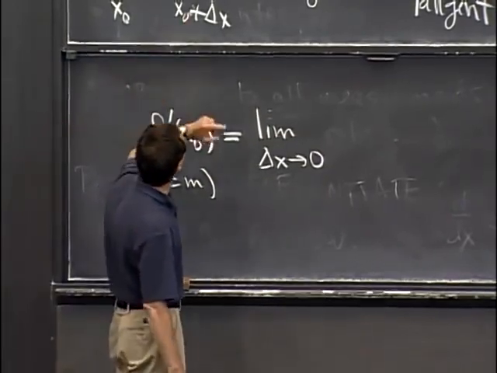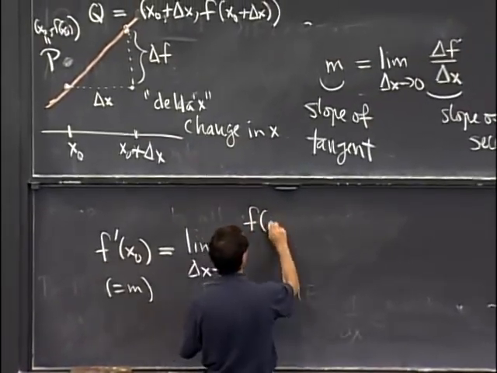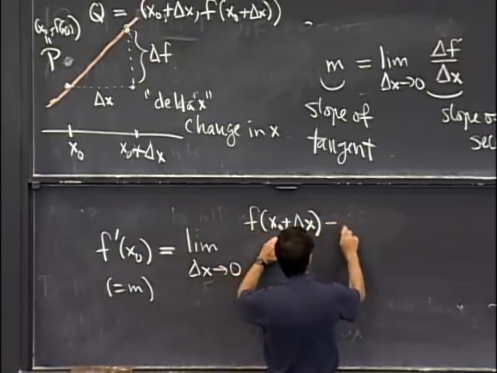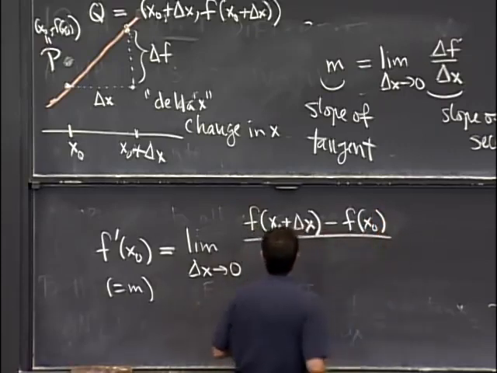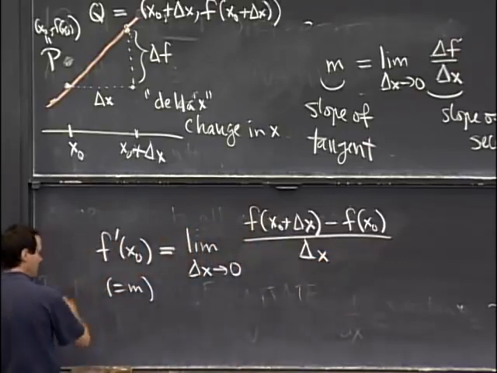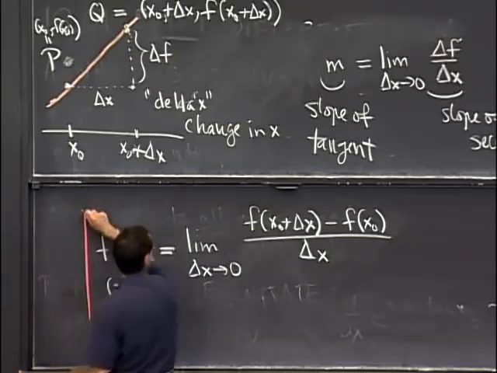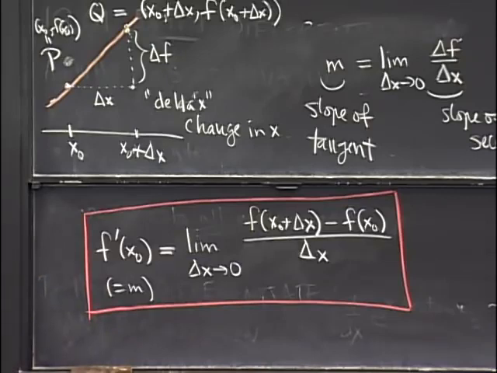Well, the change in f is the value of f at the upper point here, which is x0 plus delta x, minus its value at the lower point, P, which is f of x0, divided by delta x. So this is the formula. I'm going to put this in a little box because this is by far the most important formula today, which we use to derive pretty much everything else. And this is the way that we're going to be able to compute these numbers.